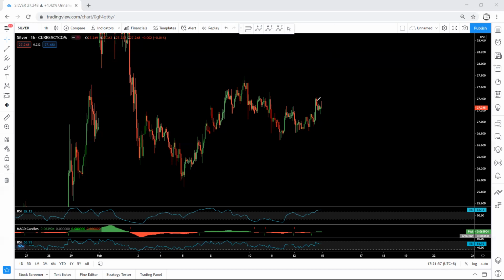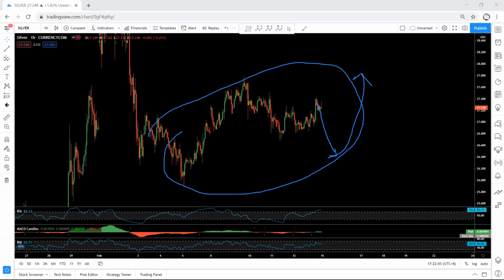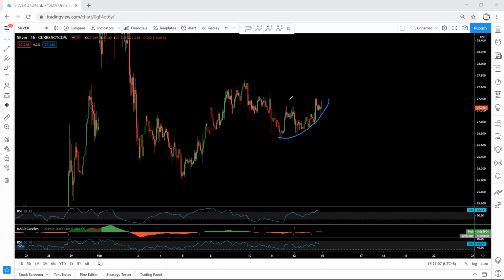Because if we get the sell, maybe the price can drop and return, and then that time we will have a bigger correction. Maybe I don't need to explain this later after we get the sell. The only thing is we wait and see whether we get the sell from here or the price can move higher. Right now we don't have any trade setup. We just need to see what we will get for the next week.